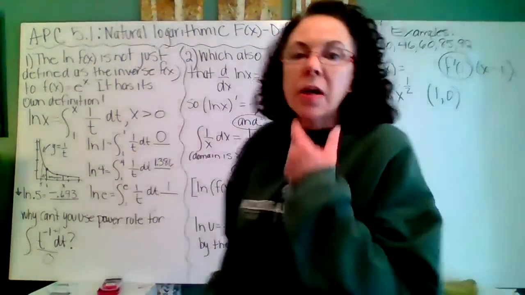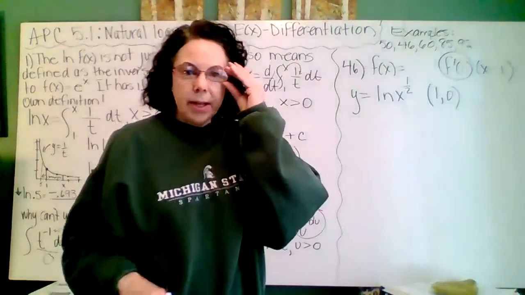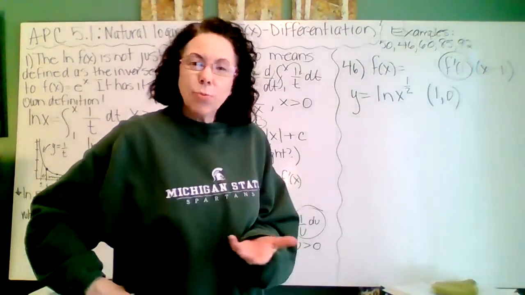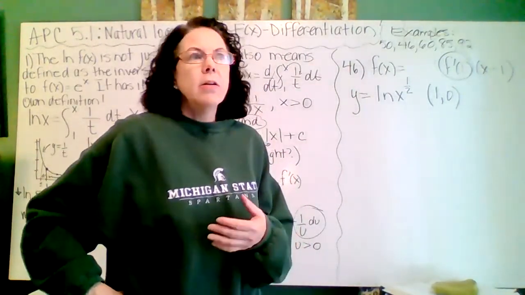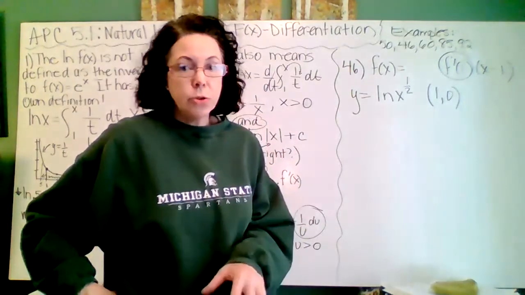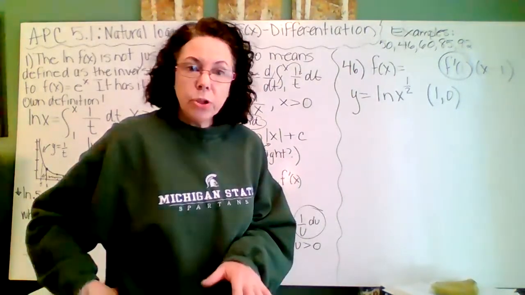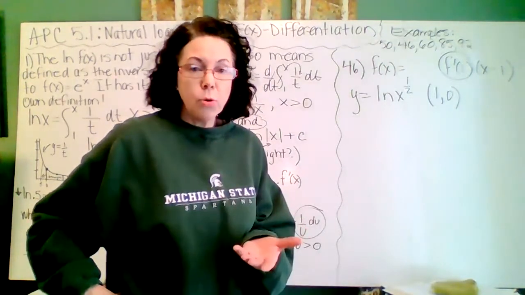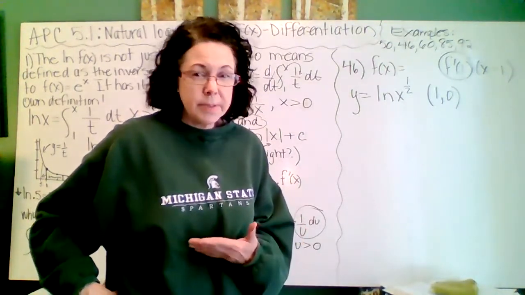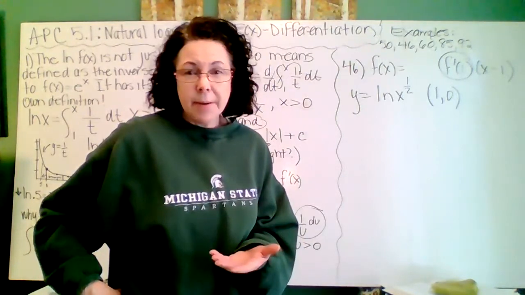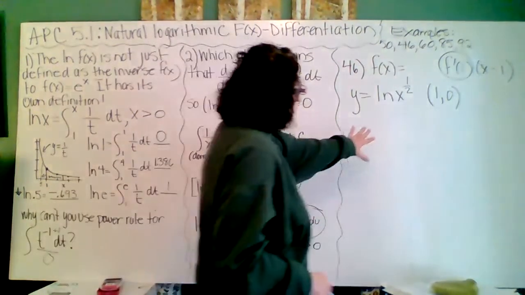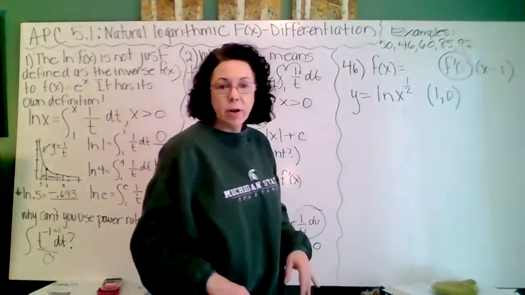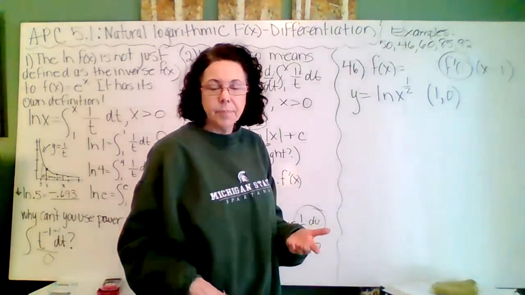Okay. Now I want you to watch this carefully because it is important, not absolutely necessary, but super helpful if you use powers and product and quotient properties of logarithms. Here's what I'm saying. This expression here, I need to take the derivative of it and evaluate it at 1.